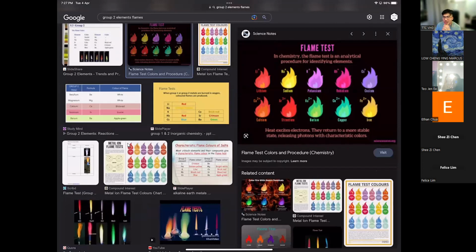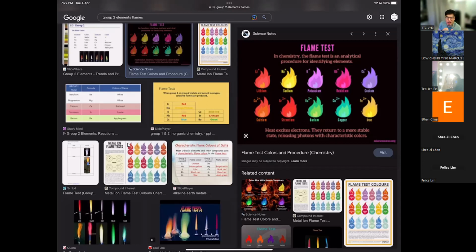If you buy the cheap fireworks, not the nice round one, okay, I'm sure Chinese New Year you play firecrackers, right? The fireworks, usually you will see green and red, right? It's usually these 2 colors.